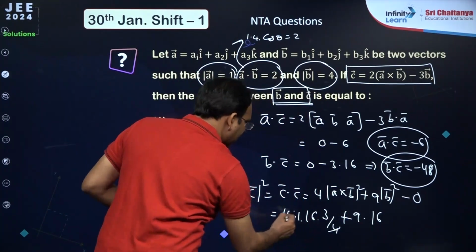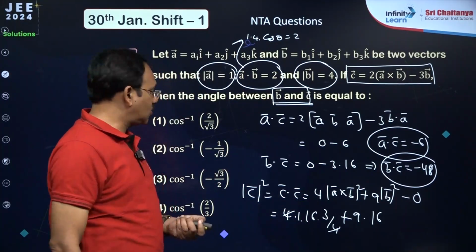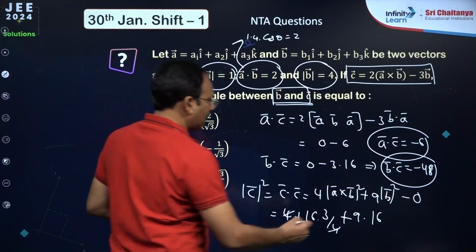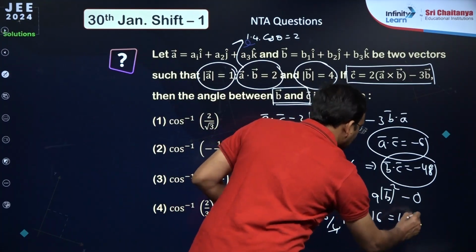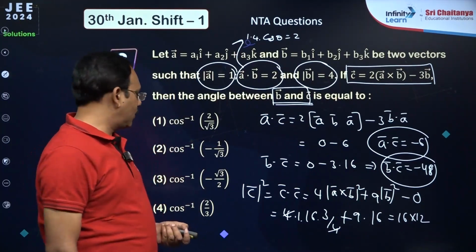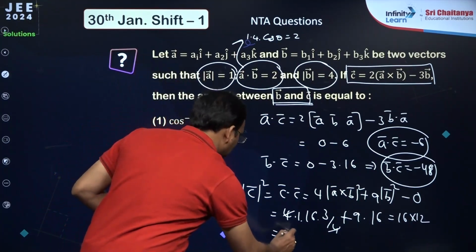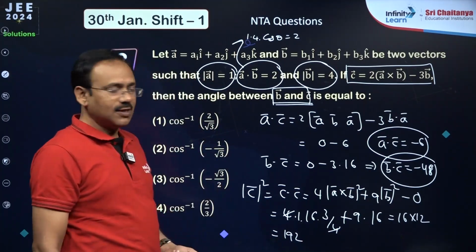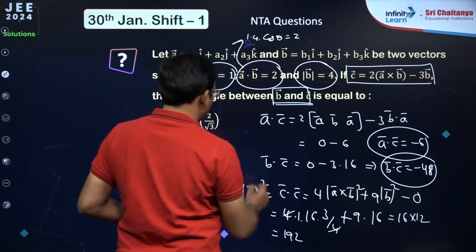From this, my dear friends, this is 48 plus 16 into 12, you are going to get 16 into 12. That is 192, which is going to be magnitude of c square, from which you will get magnitude of c, my dear friends.